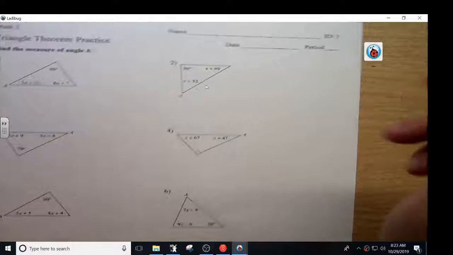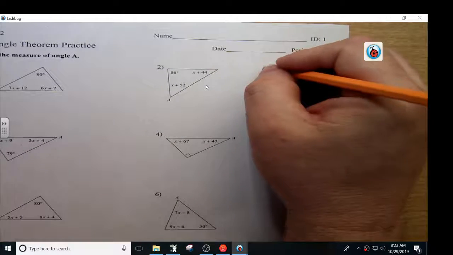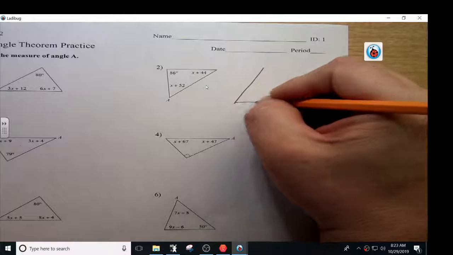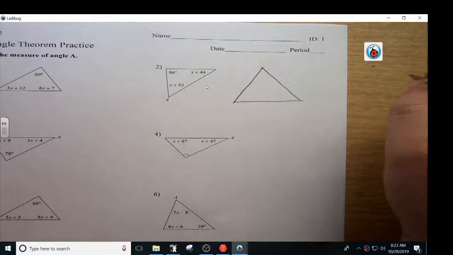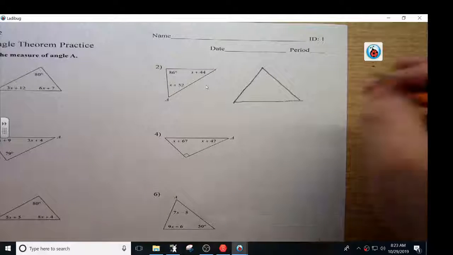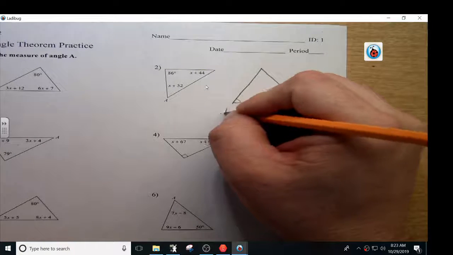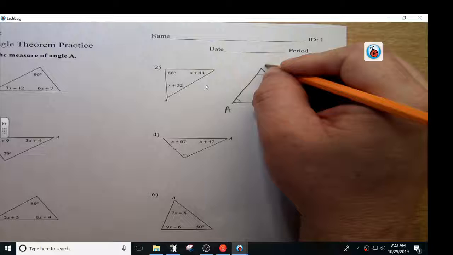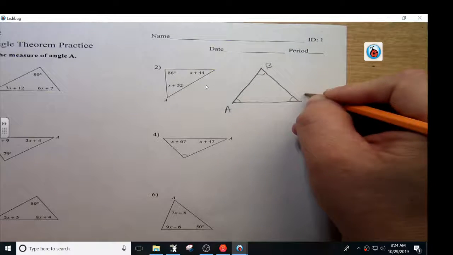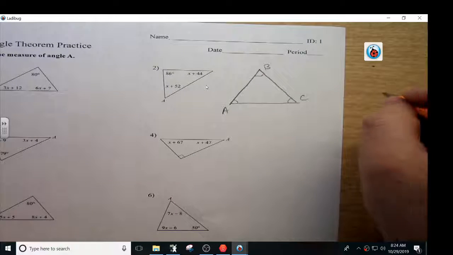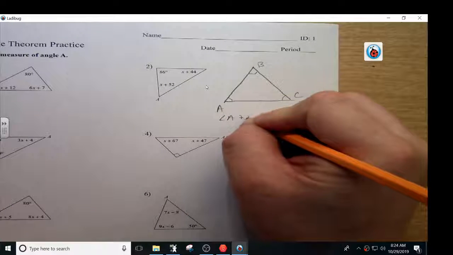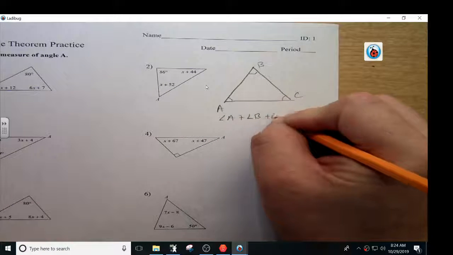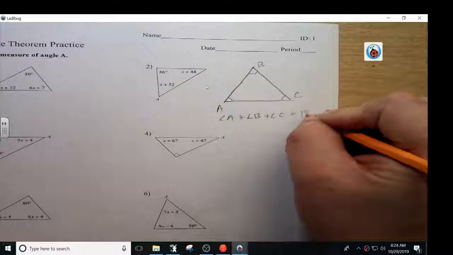In geometry, there is a theorem that says, and it actually was derived from what we did yesterday, parallel lines and transversals. Say if you have a triangle with angles A, B, and C, angle A plus angle B plus angle C is always equal to 180.